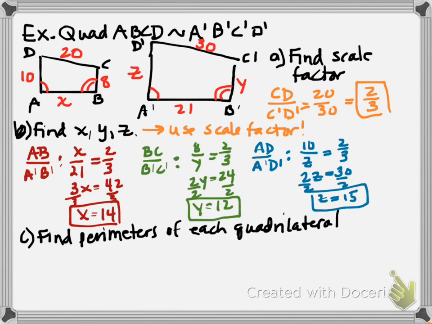I'll do a color, how about that? We're going to find the perimeter of A, B, C, D. And to do that, we're going to take the lengths of all the sides. So X was 14, then we had an 8, then we had a 20, then we had a 10, for a total of 52.